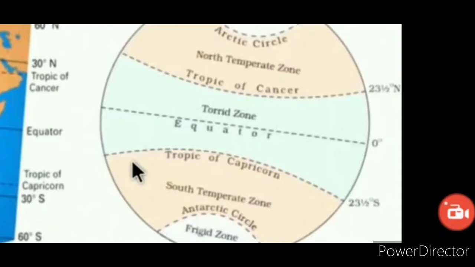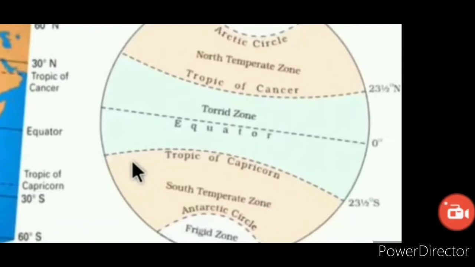The place between the Tropic of Capricorn and the Tropic of Cancer, near the equator, is the torrid zone. In that torrid zone we can find a lot of heat because the sun rays fall directly in this region. That's why in the equatorial region there is rainfall daily in the afternoon.